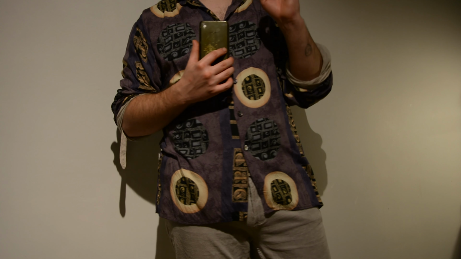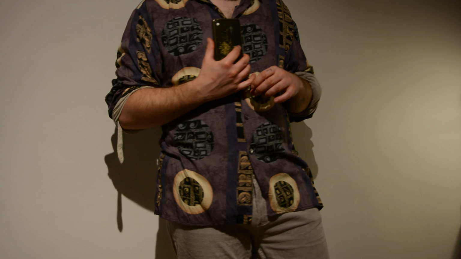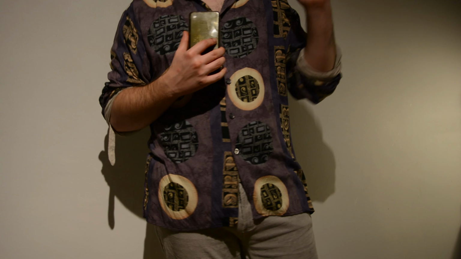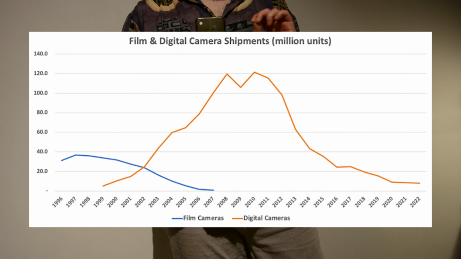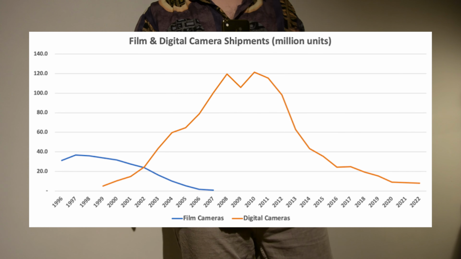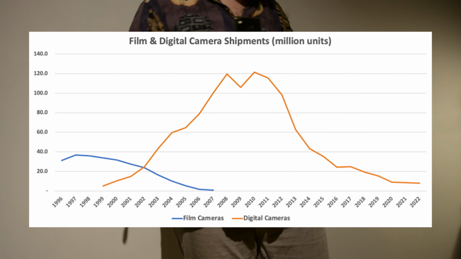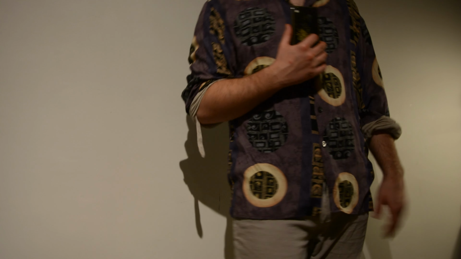But by 1997, we had reached a peak of film cameras, because in that year, cameras sold over 37 million units, which is quite funny if you realize that a decade later, film photography was basically dead because of digital photography. But digital photography was like 1 megapixel, so good they were using film.